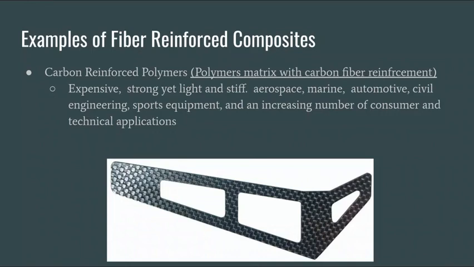And a lot of the examples that were talked about in the last video I made you watch on NASA were fiber reinforced composites, and you would see carbon reinforced polymers at that NASA space area. They would use this composite for their aerospace and airplane models, like they were showing in the film.